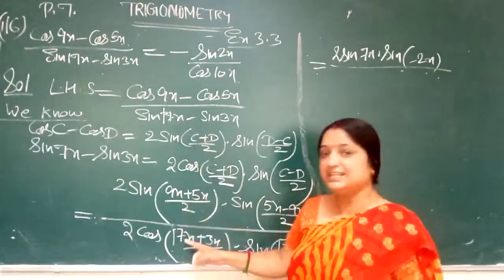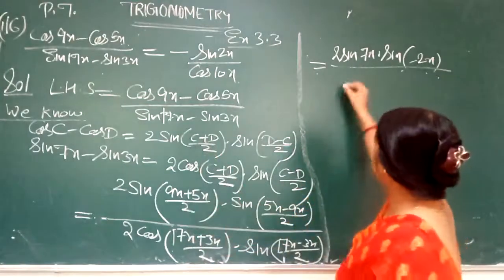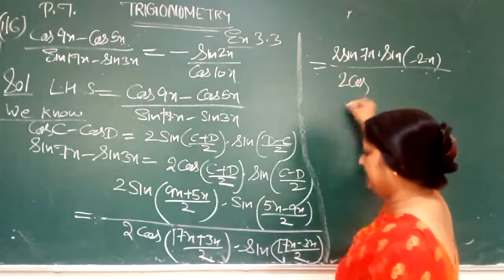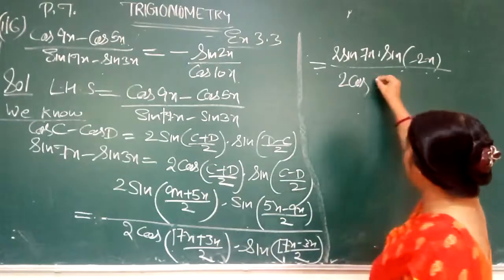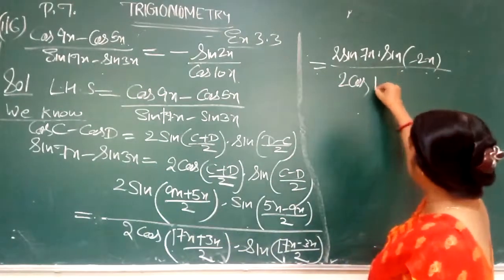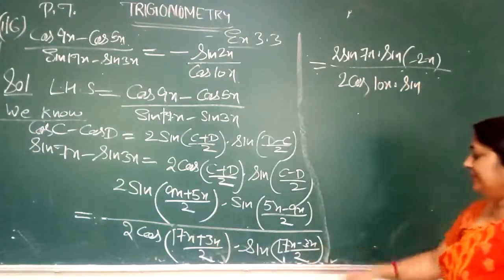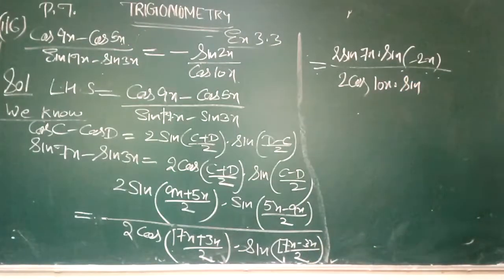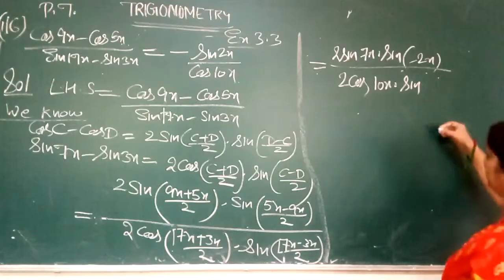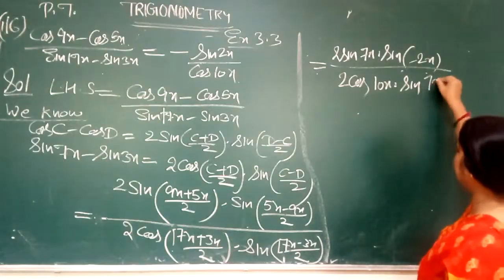7x but here 17x. So it will come 2 cos of (17x plus 3x) upon 2, that is 10x, into sin of (17x minus 3x) upon 2, that is 14x upon 2, sin 7x.